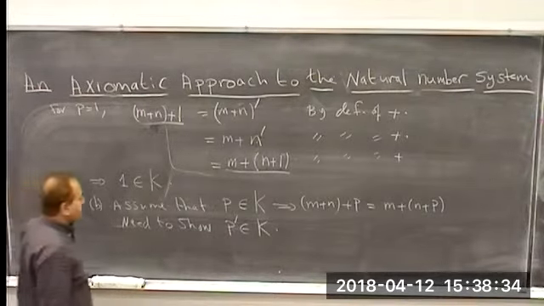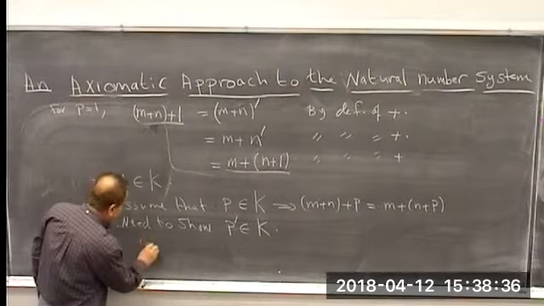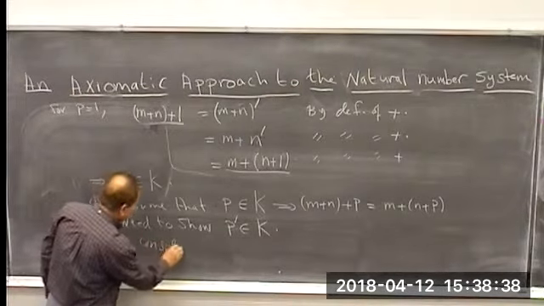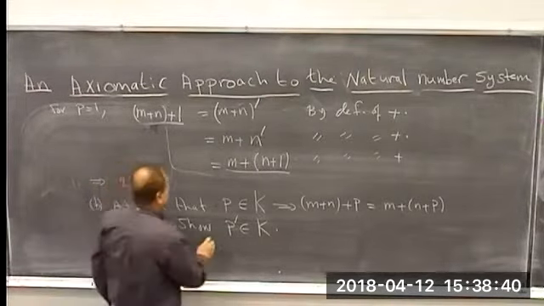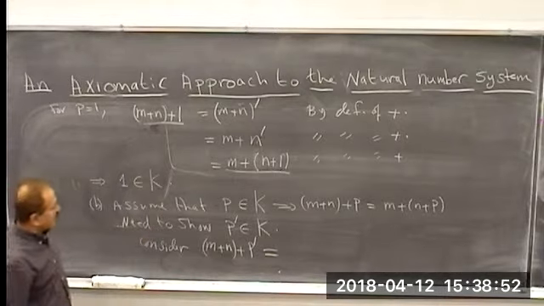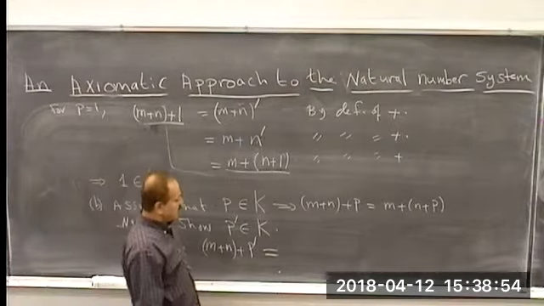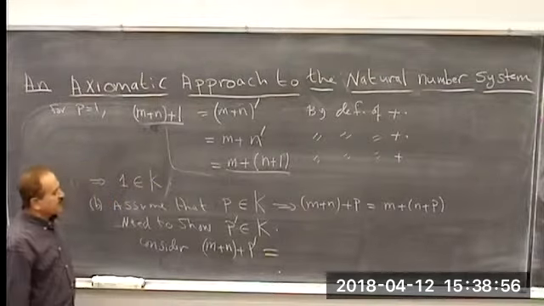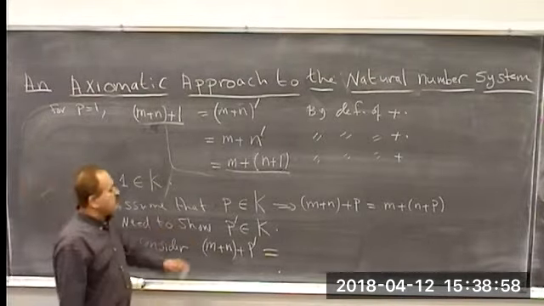All right? So let's consider then M plus N plus P prime. Okay, so I want to show that this is the same as rearranging, taking the M by itself and N and P prime, which means it belongs to K, basically.